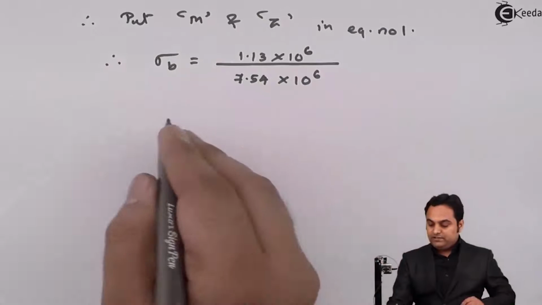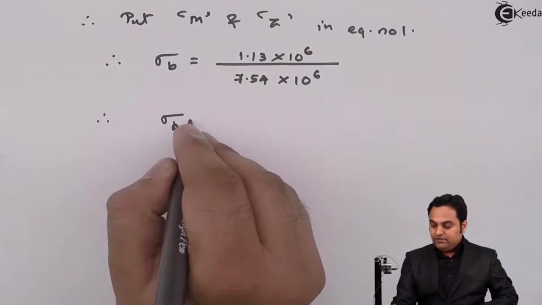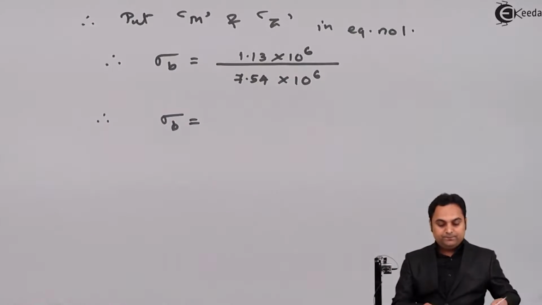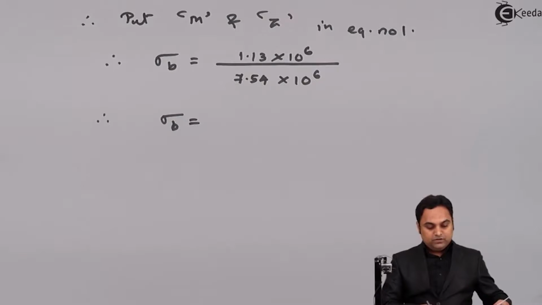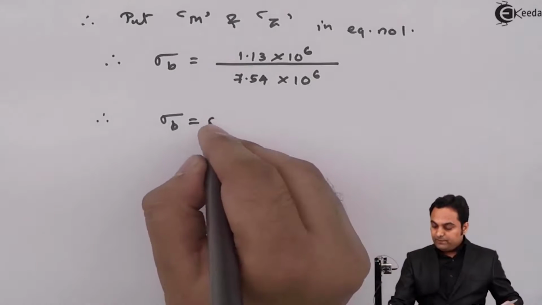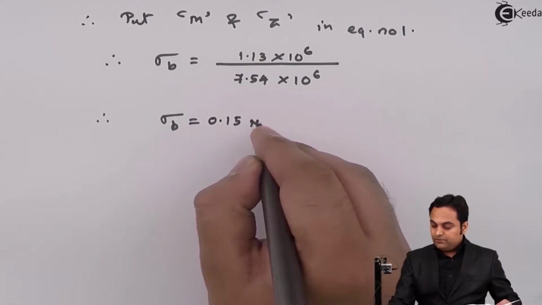From this I get sigma b, and it comes out to be 0.15 Newton per mm square.